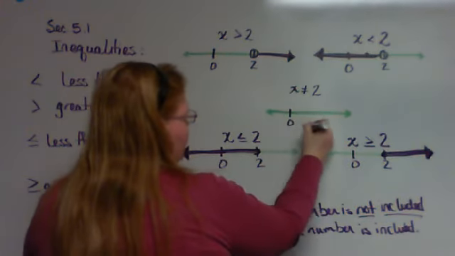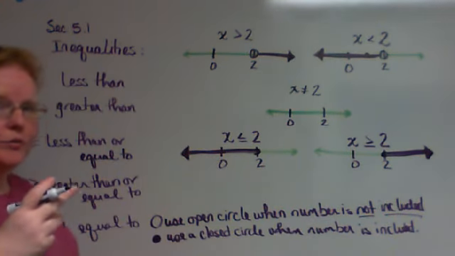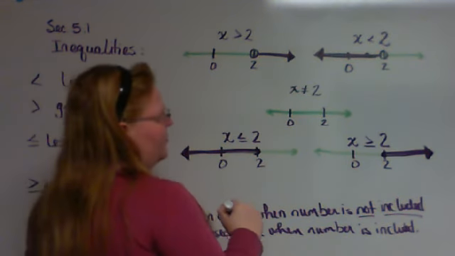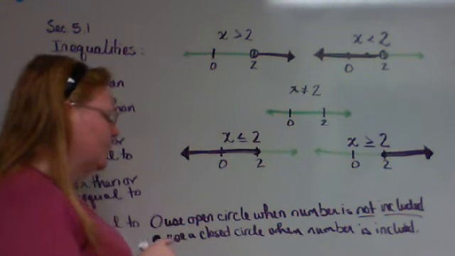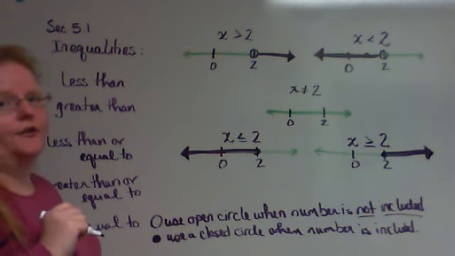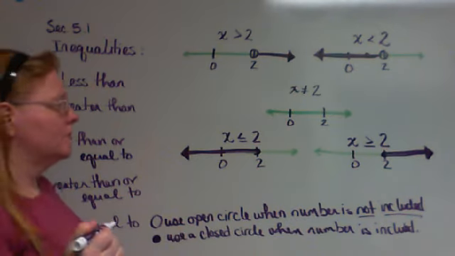So I have my 0 and I have my 2 just like before. Two important numbers, 0, whatever number we're dealing with. This time it's not equal to 2. Well, does that mean that we're going to include it in our answer, or is 2 not included in our answer? Well, our answer is every number except for the number 2.